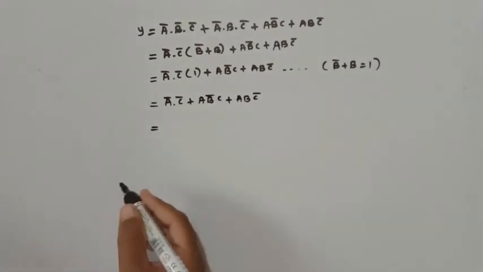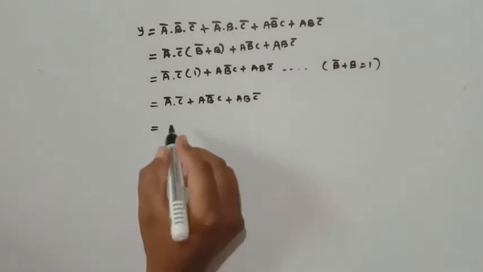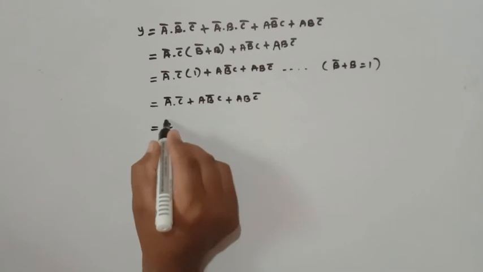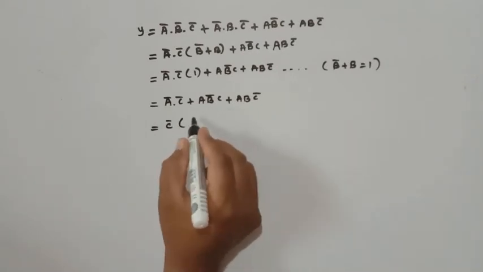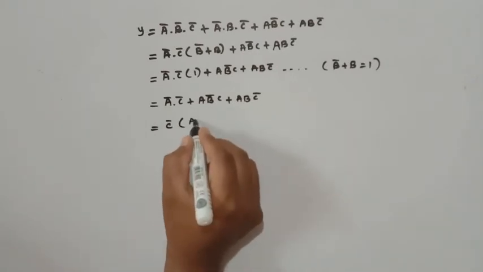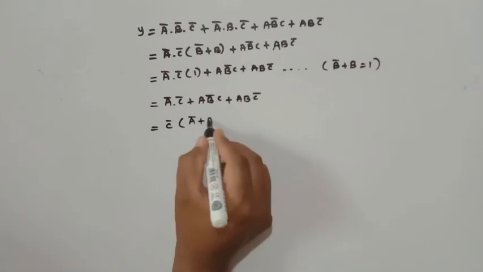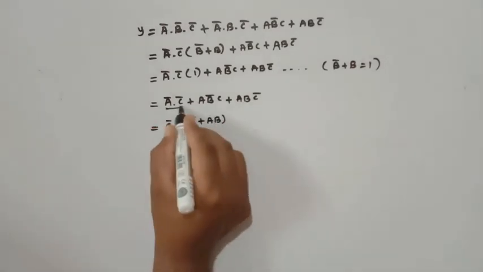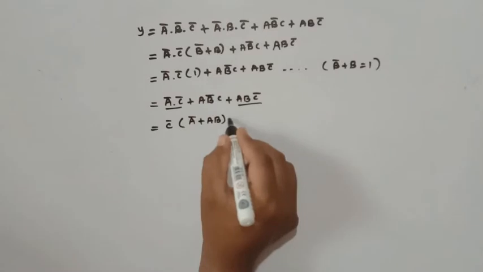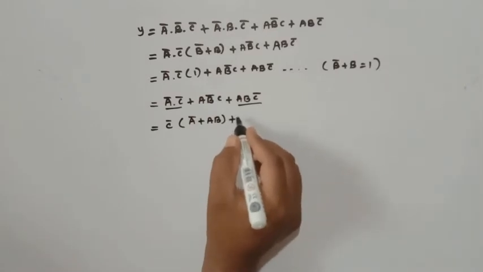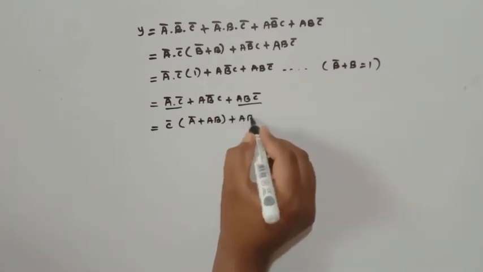Again we have to observe the equation. In this equation we take the common term a c bar between these two terms and write the equation as a bar + ab, and the last term remains as it is, a b bar c.